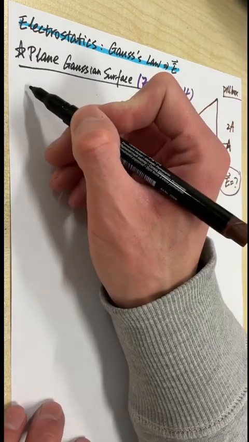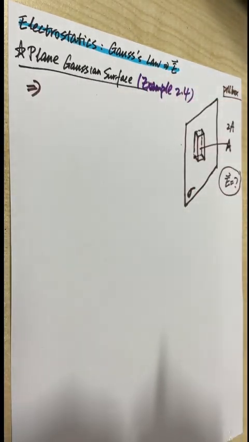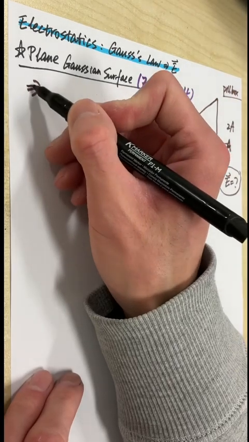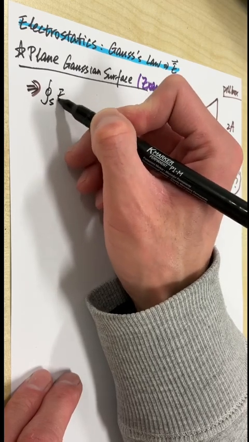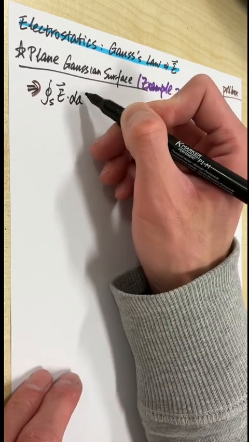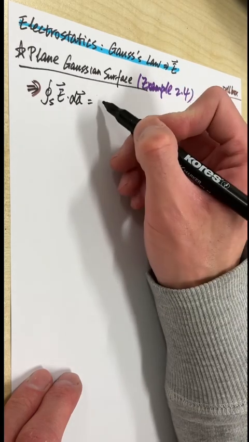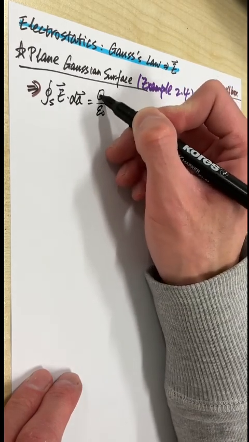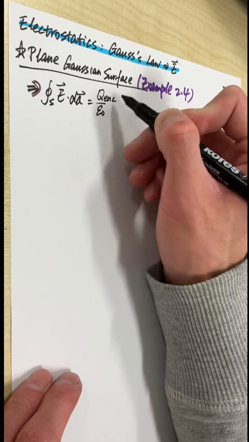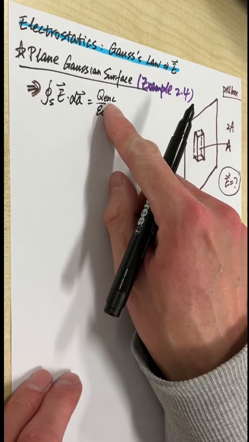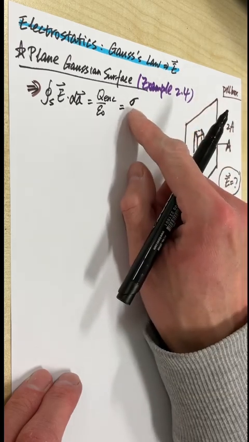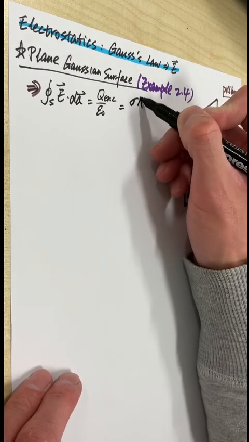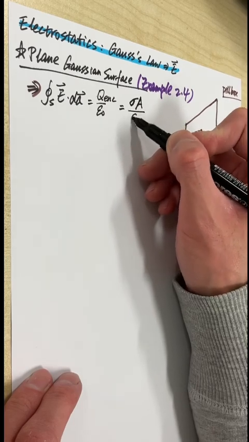Okay, now we have Gauss's law that tells us the total flux equals the total charge enclosed divided by epsilon 0, and the total charge enclosed should equal the surface density multiplied by area, divided by epsilon 0.